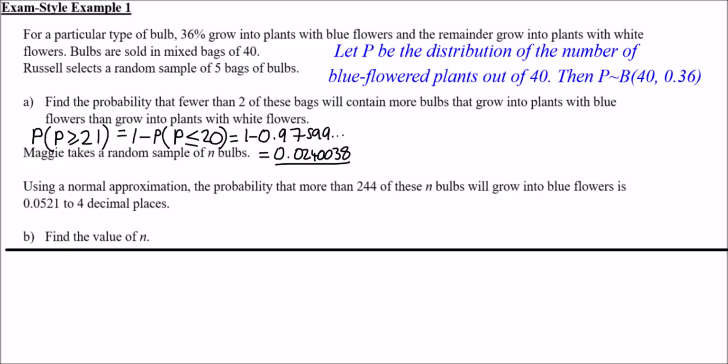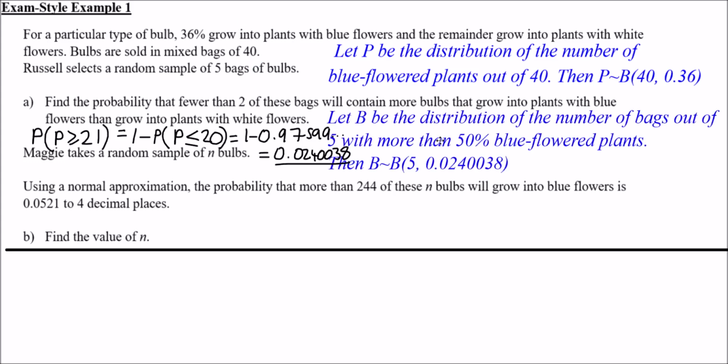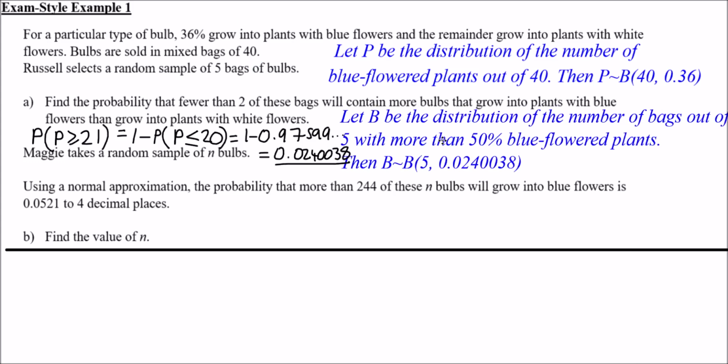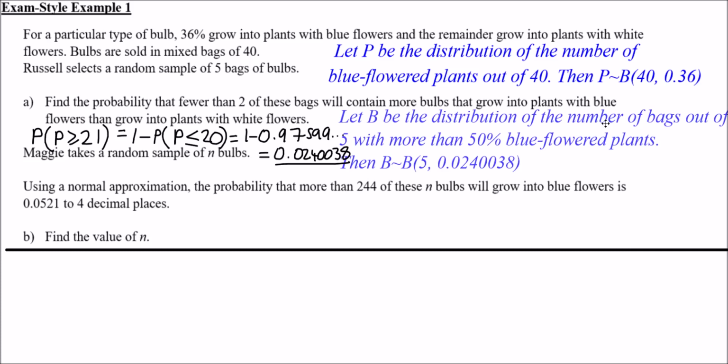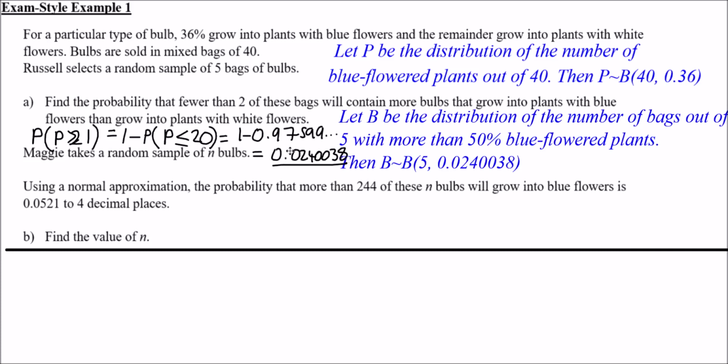So now let's introduce a new variable, B for bags. Not very imaginative, but there you go. Let B be the number of bags out of 5 with more than 50% blue flowered plants.